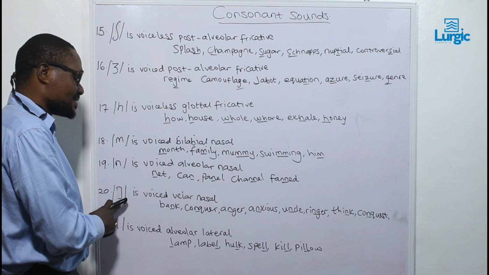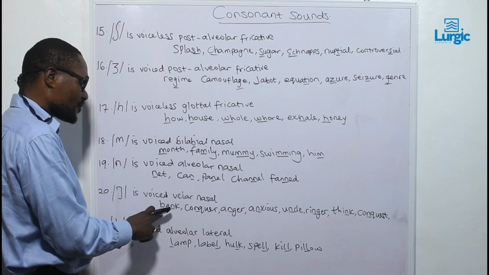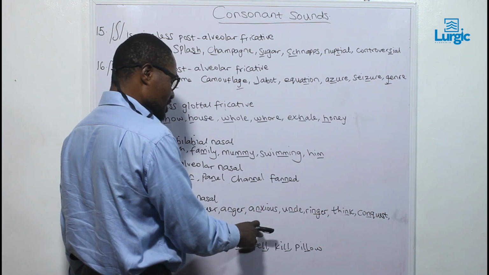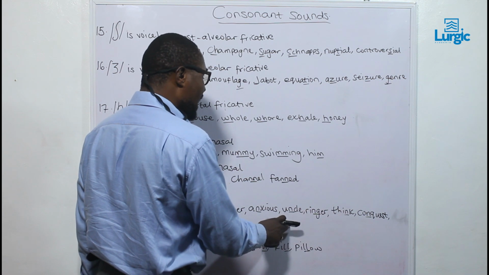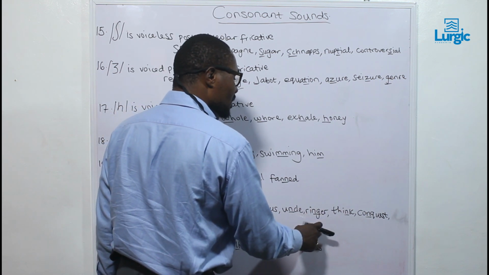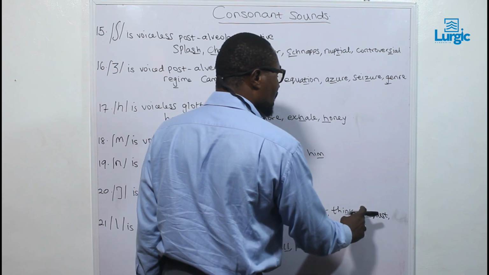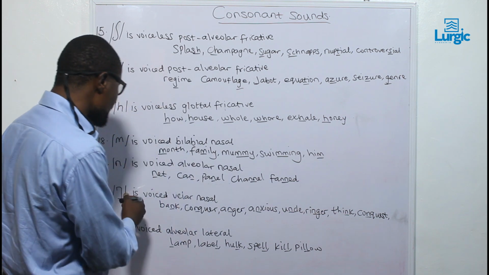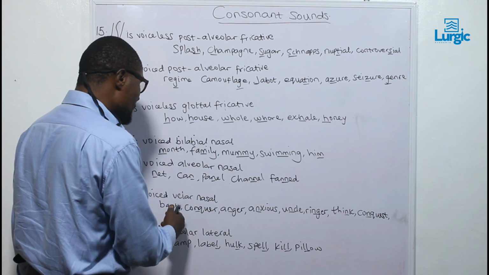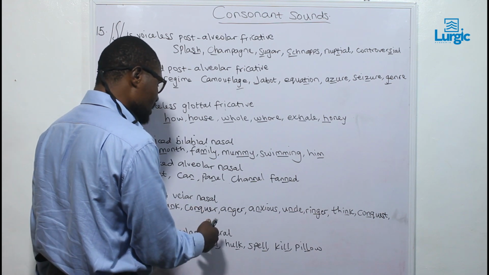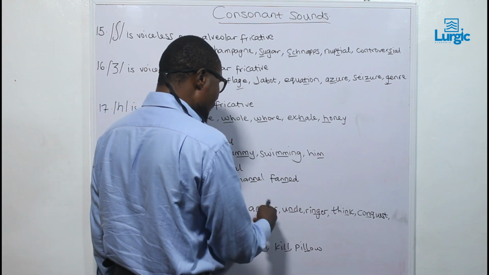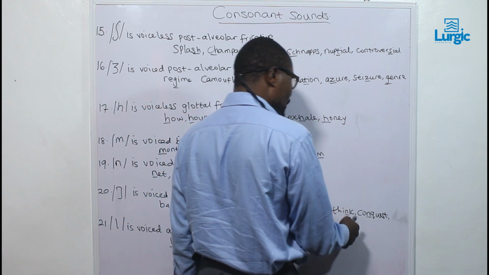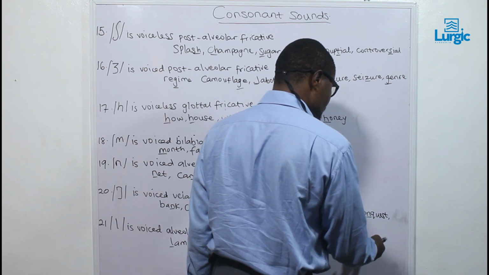So we call it the velar nasal, as in bank, conquer, anger, anxious, uncle, ringer, think, conquest. Let me take it again. As in bank, conquer, anger, anxious, uncle, ringer, think, conquest.